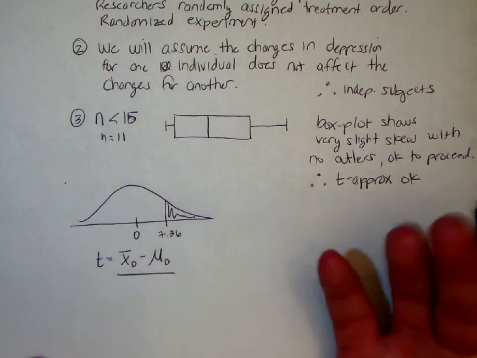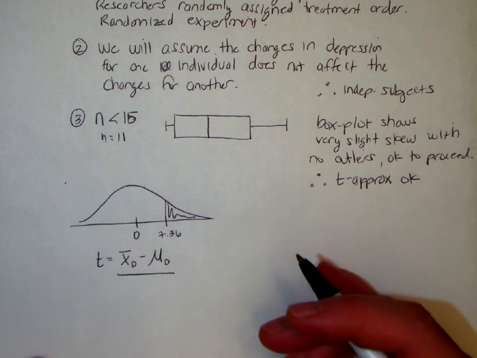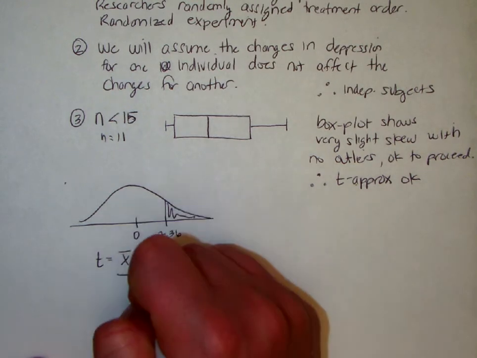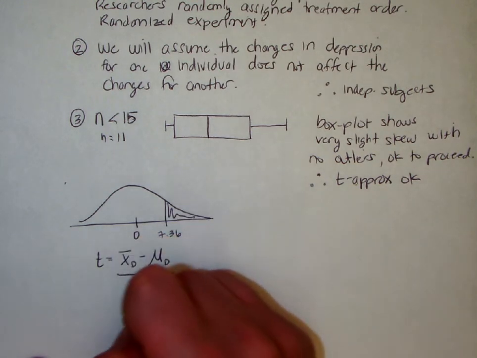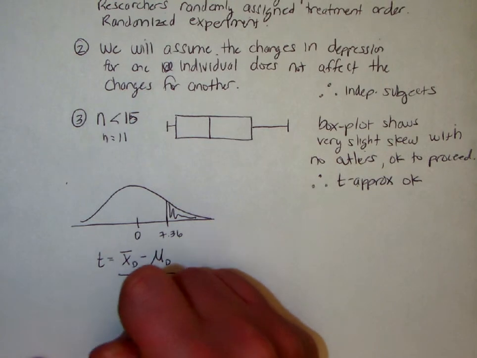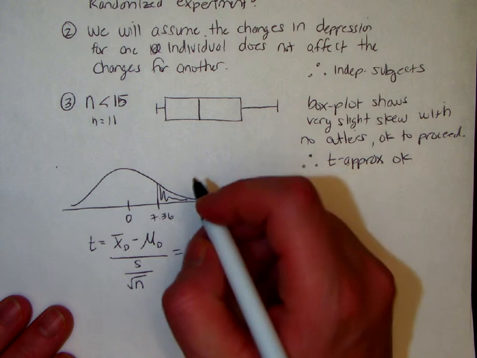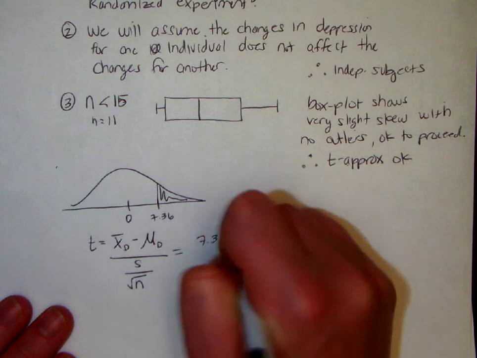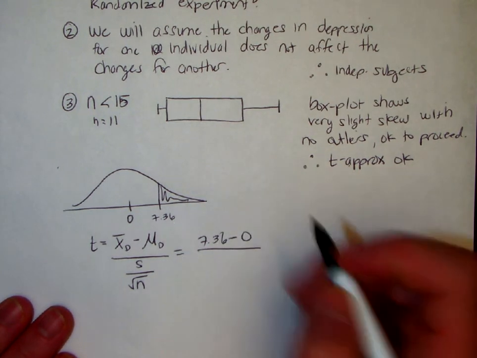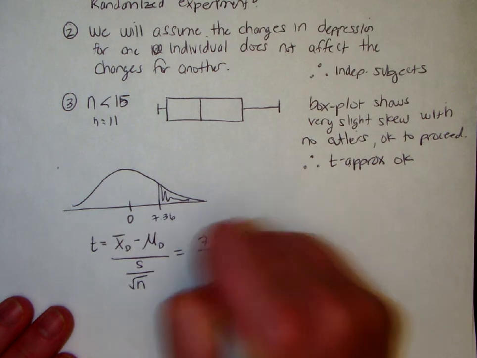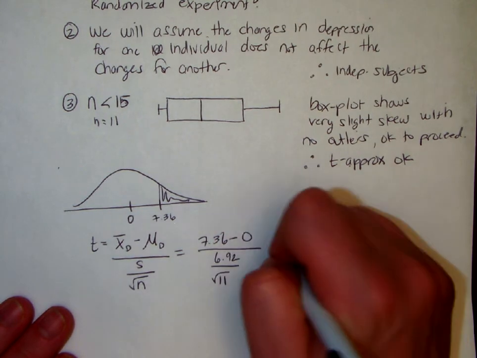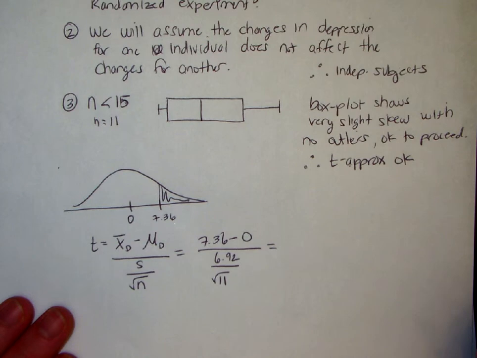Well, we don't have sigma, so instead of using sigma over square root of n for means, I'm going to use s over square root of n. Formula substitution: 7.36 minus 0 divided by 6.92 over square root of 11 is equal to.